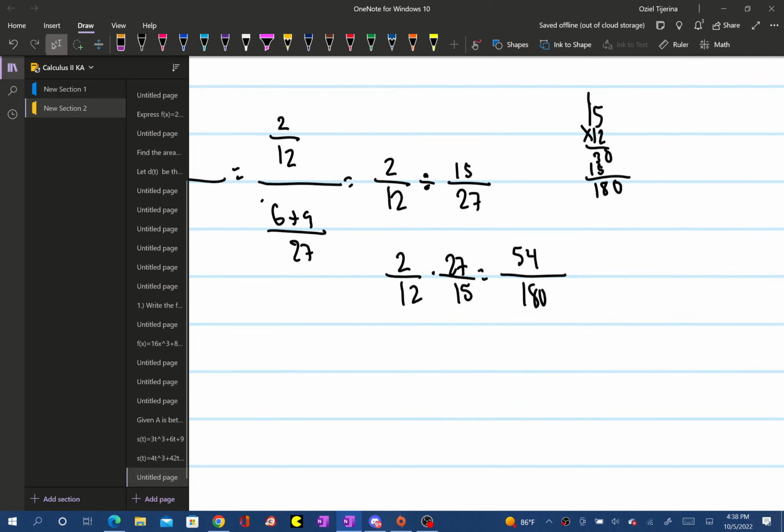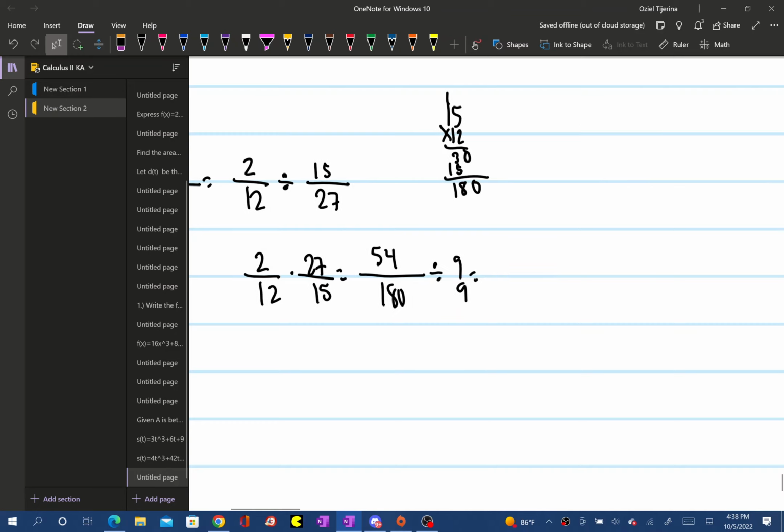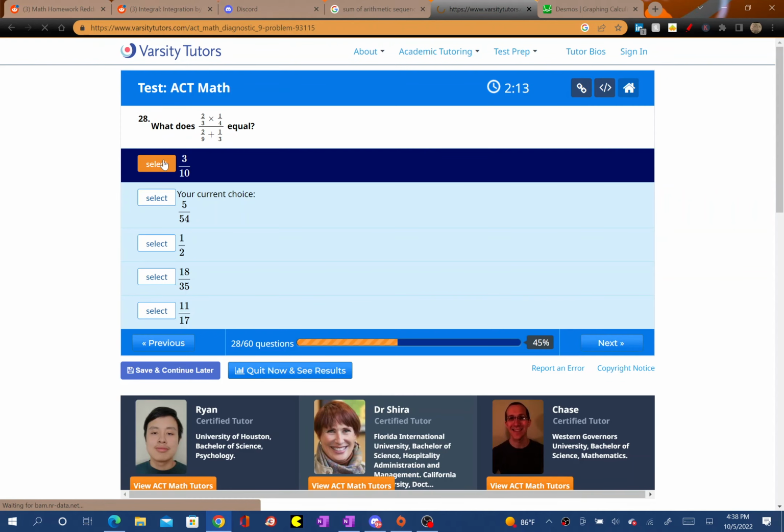And then you divide this by 9, you get 6 over 20. You divide this by 2, you get 3 over 10. So I believe the answer is 3/10. It's this one.